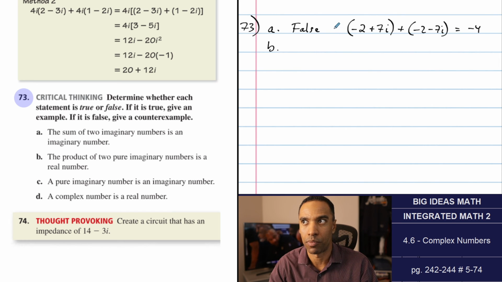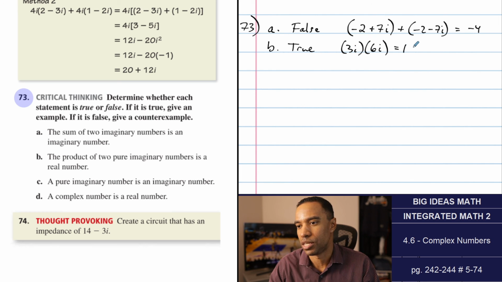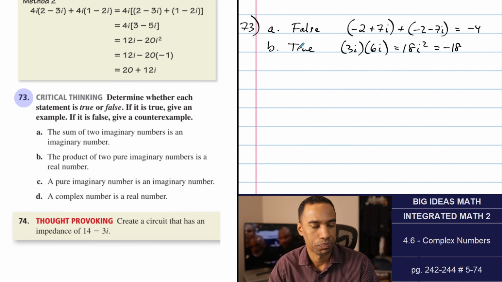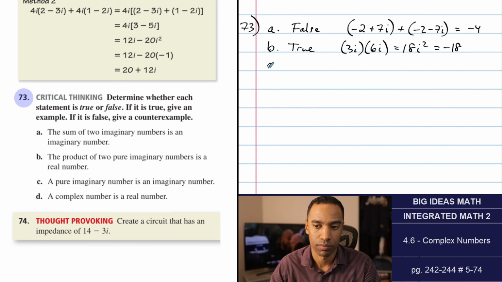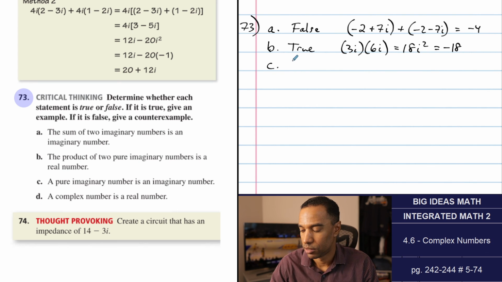I can't think of a time when this is not true. This is true. For example, 3i times 6i is 18i squared, which is negative 18.